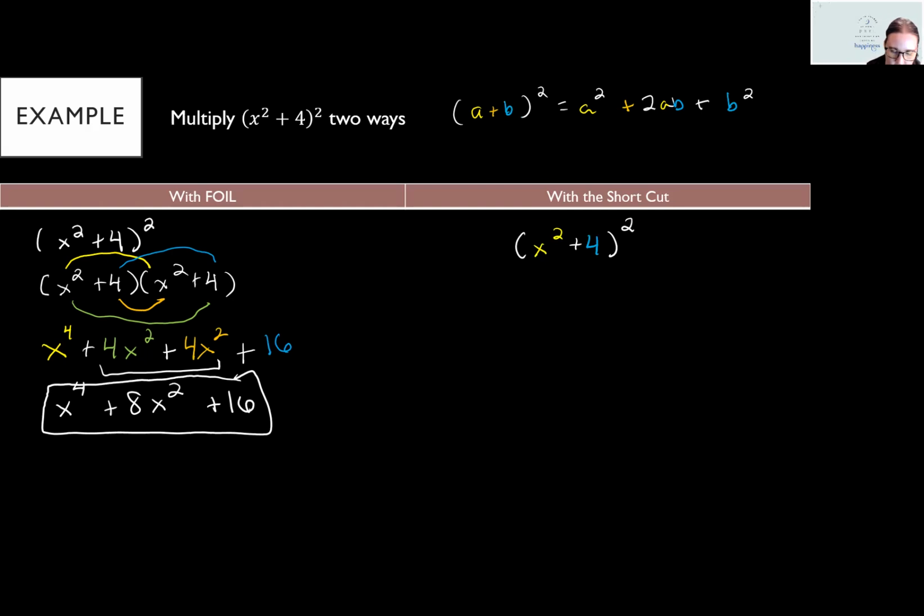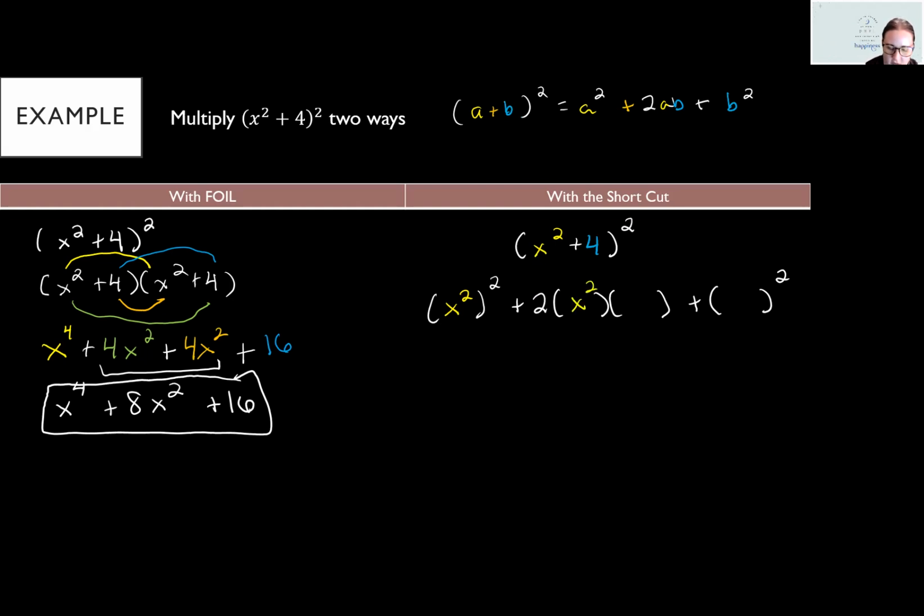So I have x squared, and then it's A squared, so you're squaring the x squared. Then it's going to be plus 2 times your A times your B, and then plus your B squared. If you're going to use the shortcut, it might be helpful to just put all the spaces out and then fill in with your stuff afterwards.